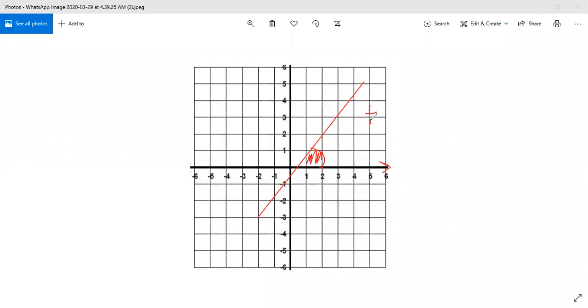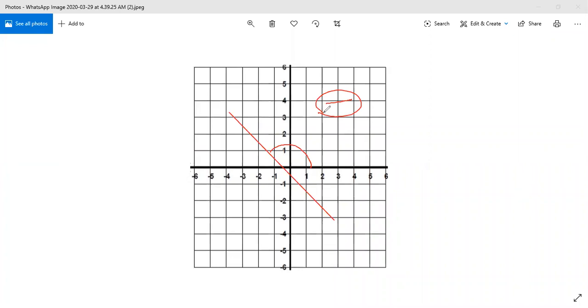It's clear? If my straight line is making an obtuse angle with the positive direction of the x-axis, the gradient will be a negative number. Finished. It's clear?